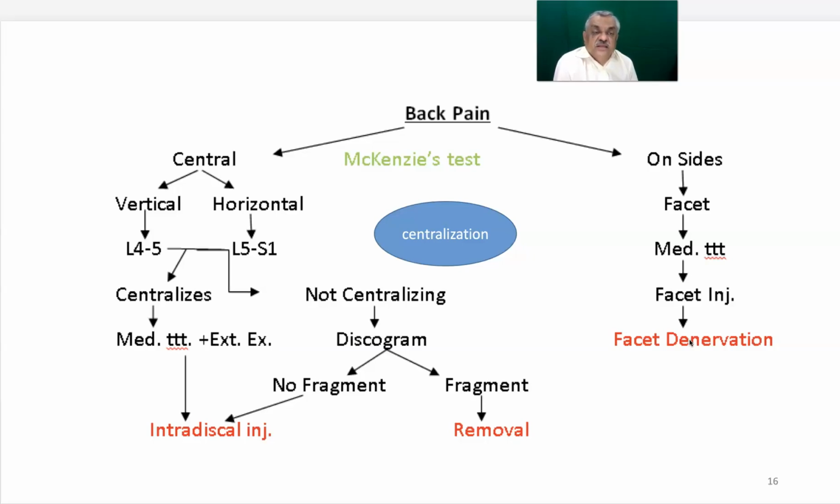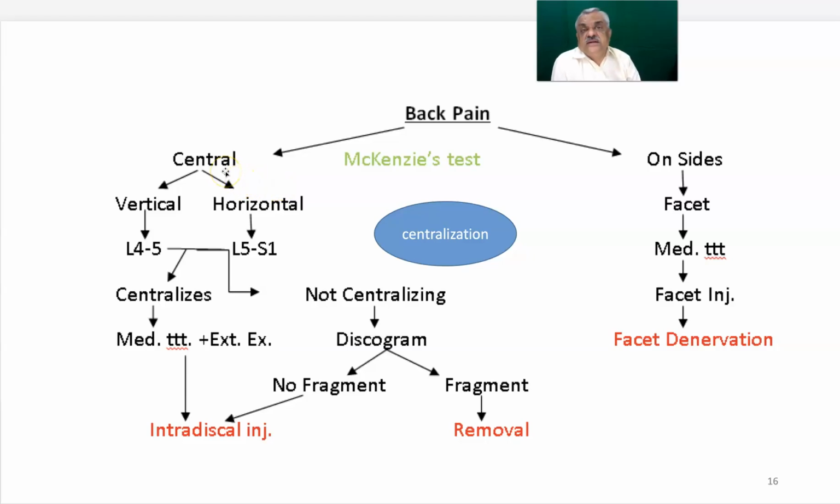In case of back pain, we need to know on the right side that the pain is on the sides, which commonly comes from the facet, and when we do an extension of the back, the pain increases. It also increases with rotation of the back, and commonly we offer medical treatment or an injection to the facet or a facet denervation, which we will be talking about in detail later on.